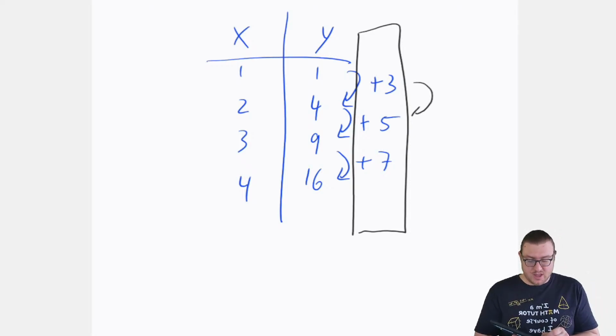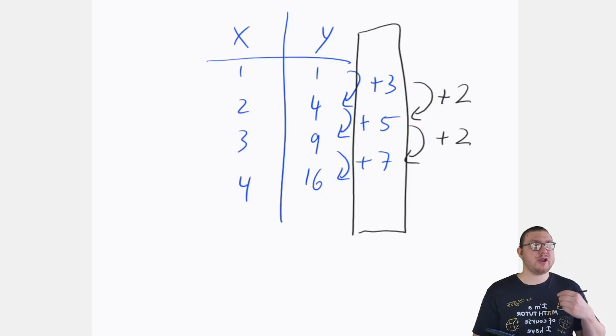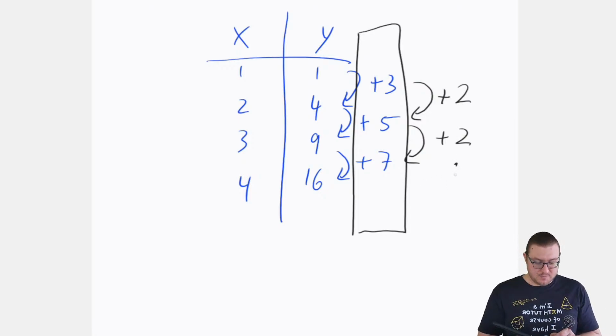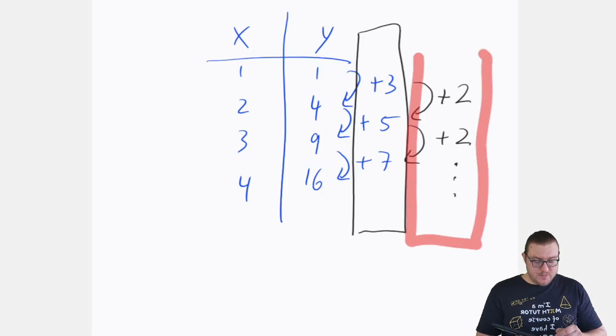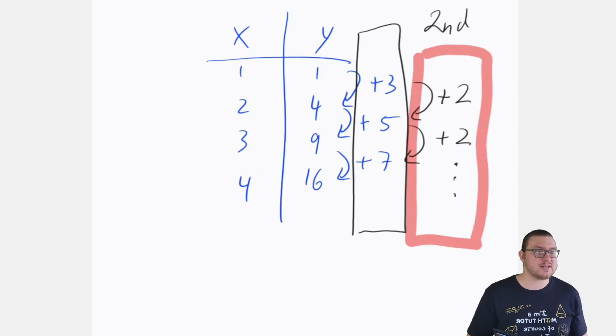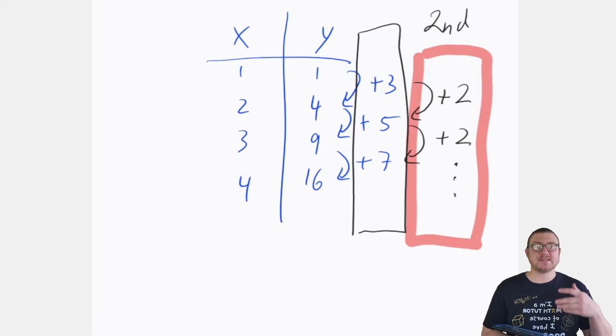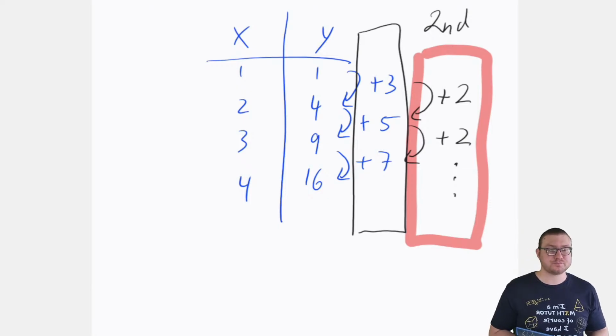Let's have a look. We do the same thing again, and we recognize that these are plus 2, and if we had more, they would also be plus 2 each time. So here we can now see that our second difference is always the same. If the second difference is always the same, this is a sign that you've got a quadratic pattern.